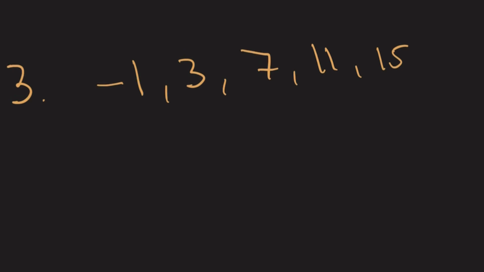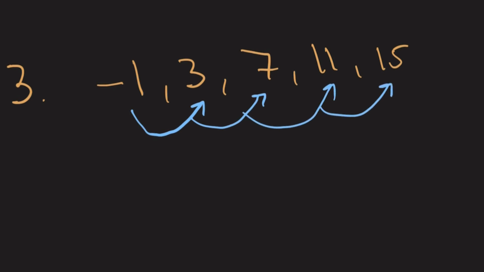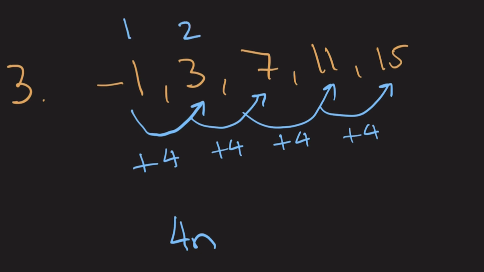And now moving on to question number 3. So first we'll work out the common difference. As we go up, we're adding 4 to each number, which means the common difference is 4. So we write 4n. Now we're trying to work out the zeroth term.